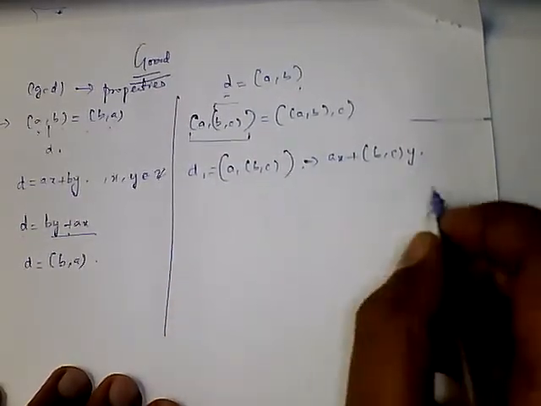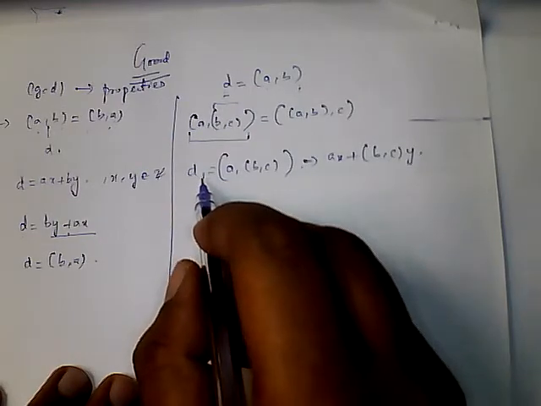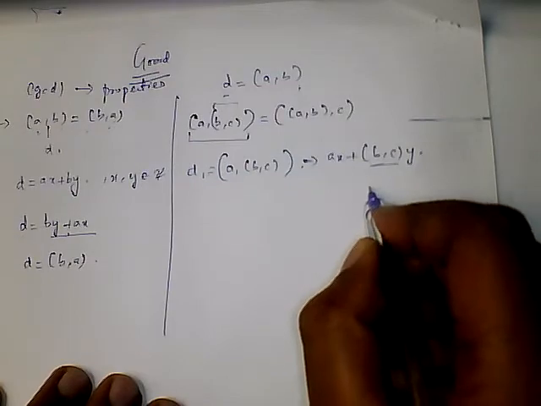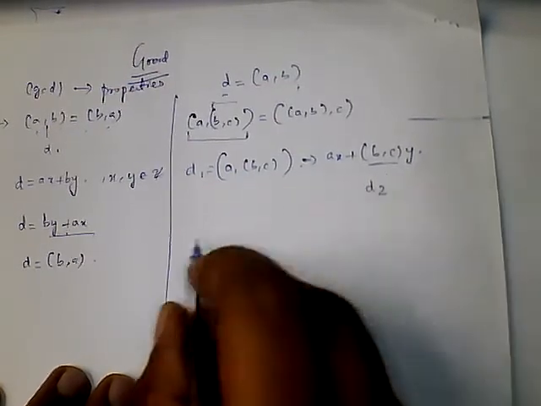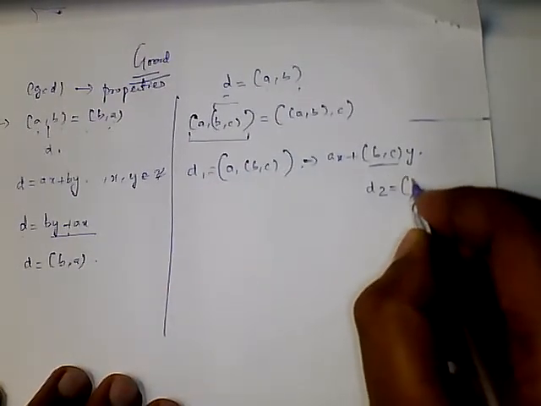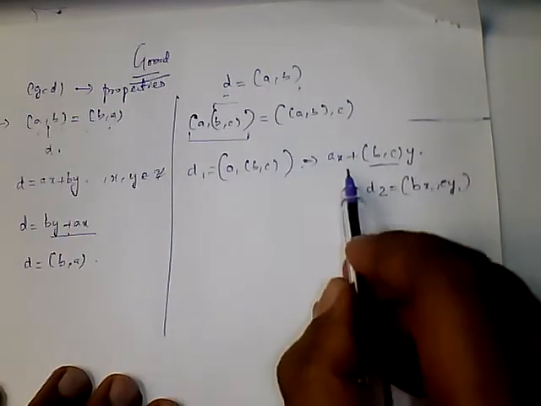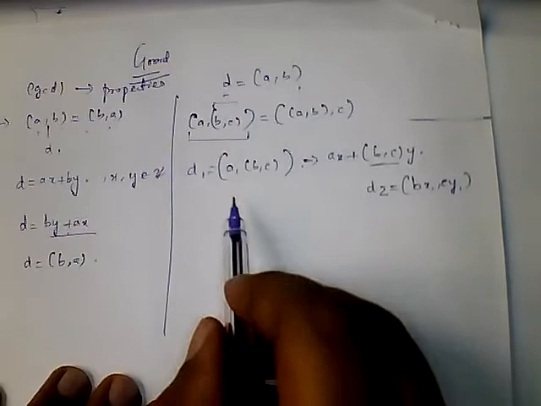Alright, d1 I have already used, so the GCD of b comma c I am replacing with d2. So d2 equals bx1 plus cy1, because we have already used x and y, so I'm using x1 and y1.